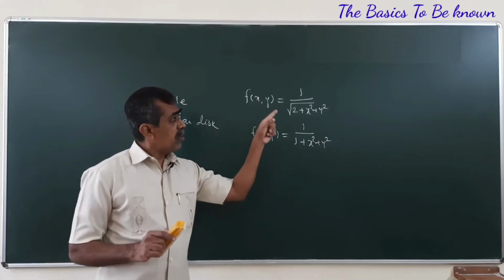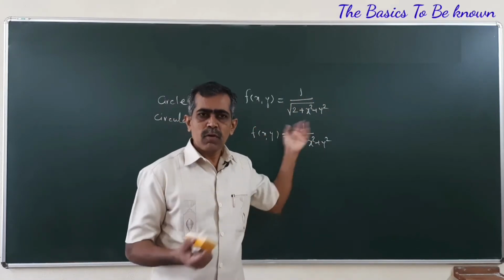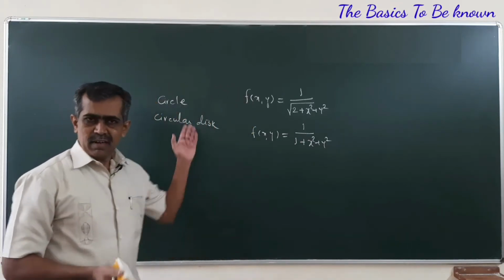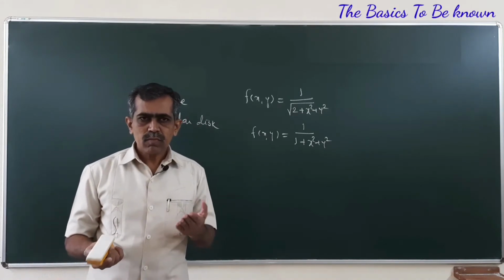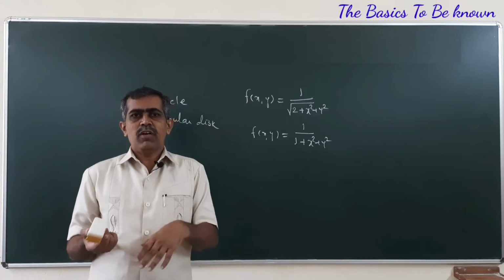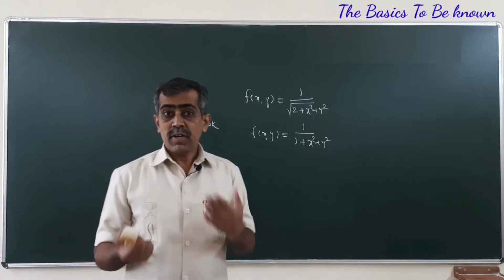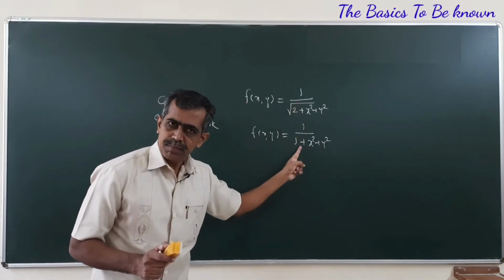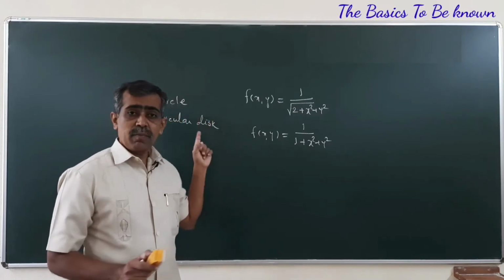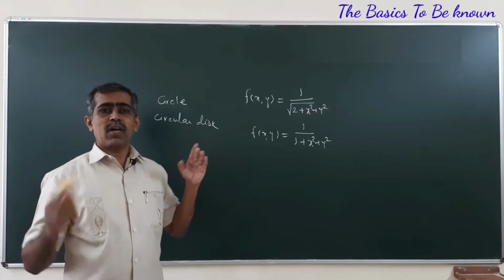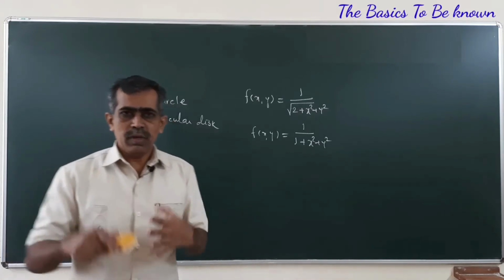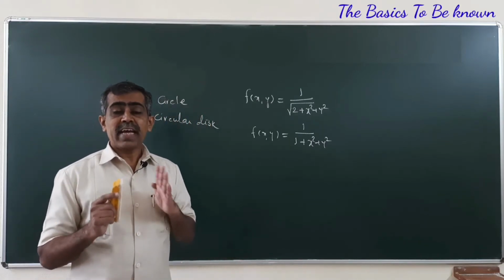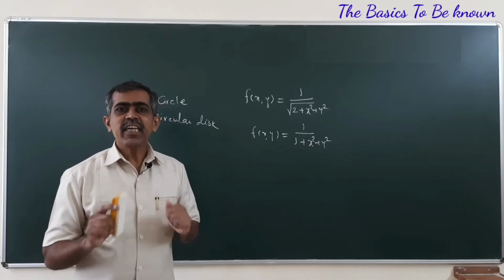That means, however complicated the function may be, if its domain is either a part of a circle or a part of an ellipse, or in three dimensions a part of an ellipsoid, a hyperboloid or a sphere, or a paraboloid, then such functions can be integrated using change of variable.